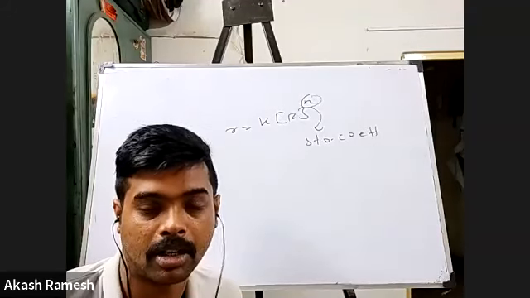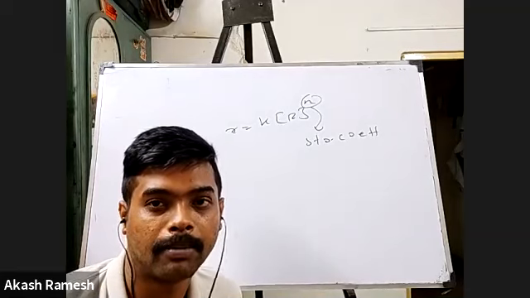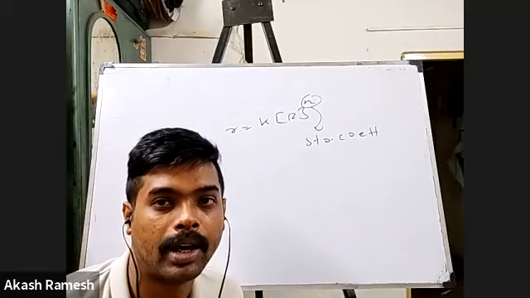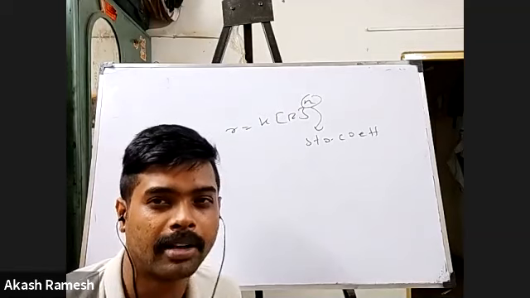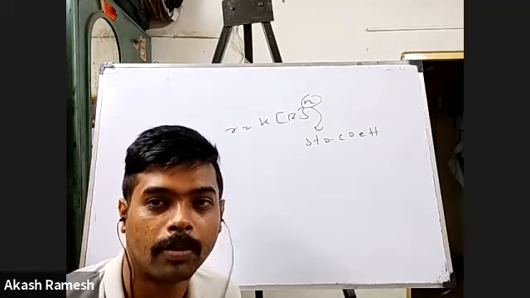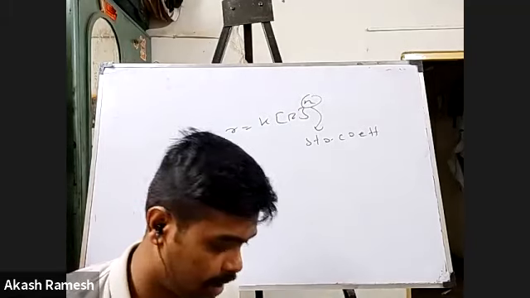The sum of the powers is called the overall order. So if I have one component having power x and another component having power y, then x and y are the order with respect to that particular reactant, and the overall order would be x plus y. All that we saw, correct?